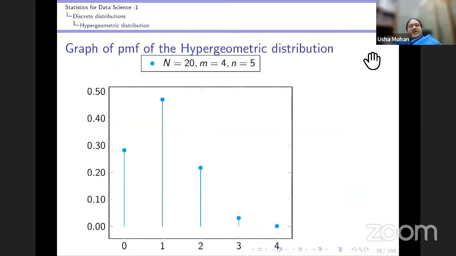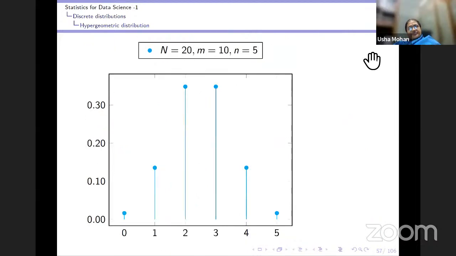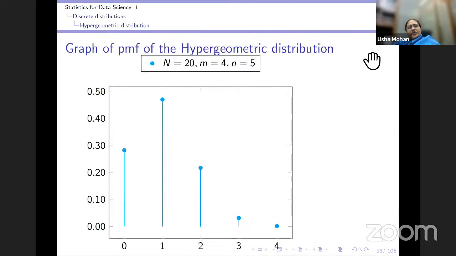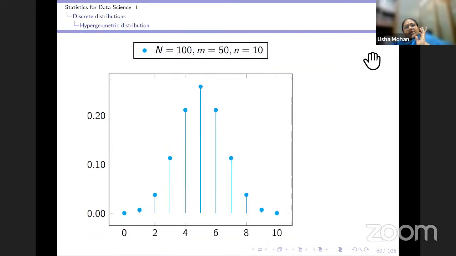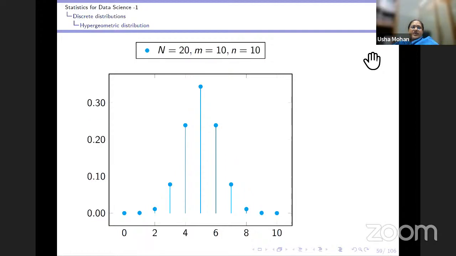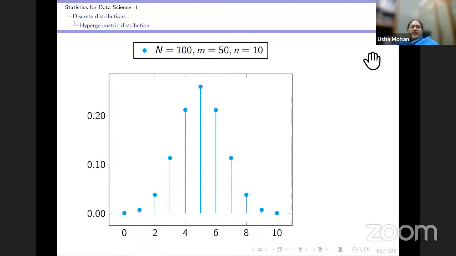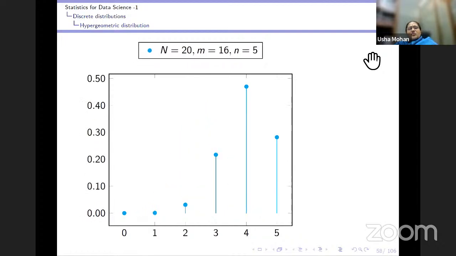Now, suppose I increase this N. N equal to 20, m equal to 4. Suppose I'm increasing this m, N equal to 100 and all of that. This is the graph of the function. I'm increasing capital N and m, keeping small n the same.